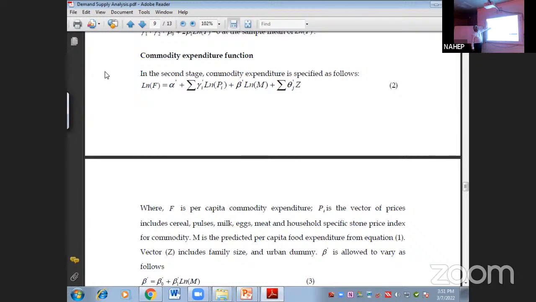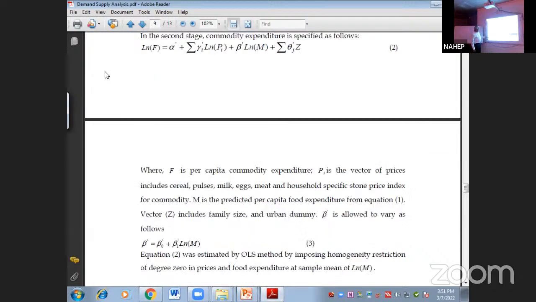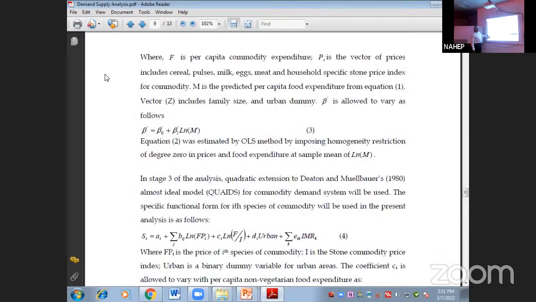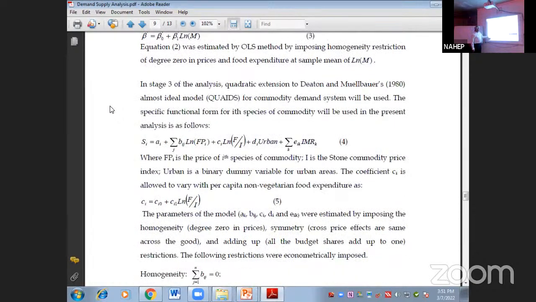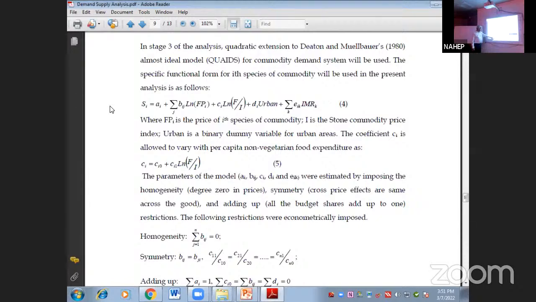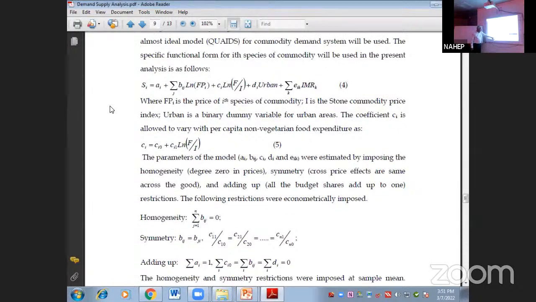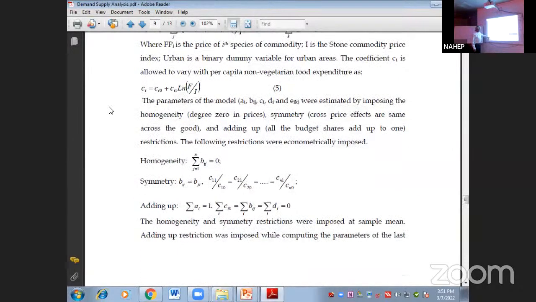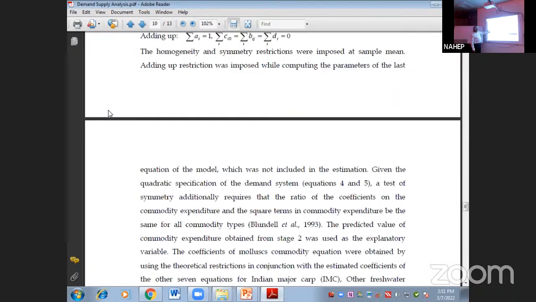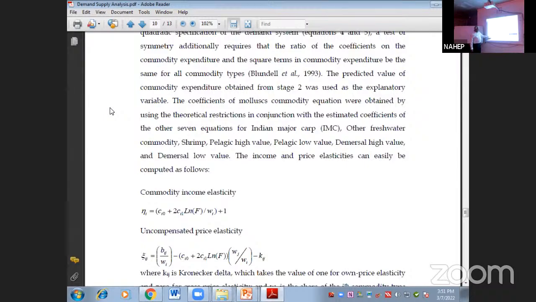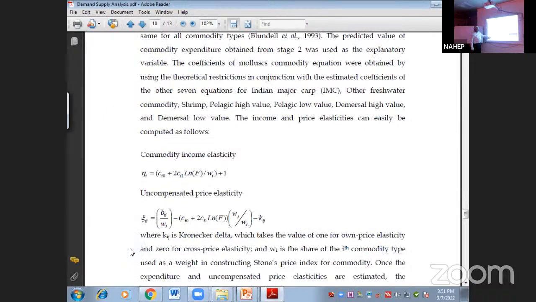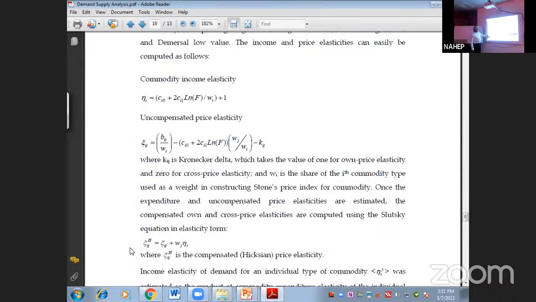This is the second stage model. Now we go to the third stage model with all restrictions. These are the restrictions: homogeneity, symmetry, and adding-up restrictions. Then you compute the elasticities from the demand model.